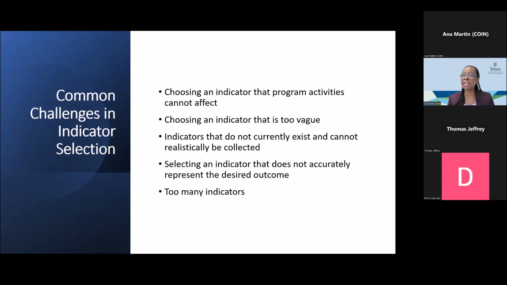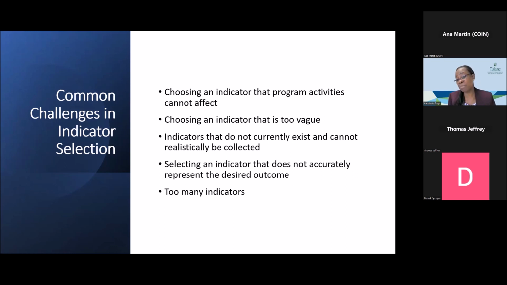But sometimes, even if the data source exists, some organizations might not be willing to let you have access to the data. And the indicator may not have been measured the way that your program activities are formulated, and that would be useful for the measurement.